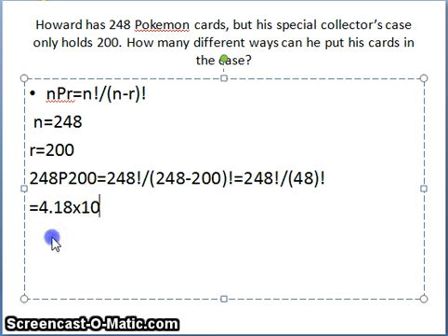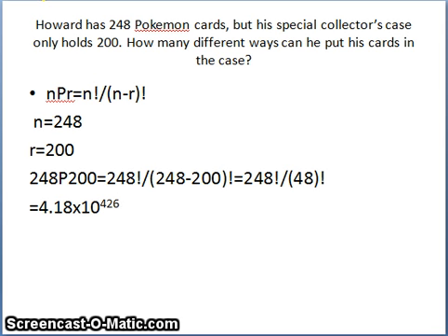It means exponent of positive 426. So here I'm going to go 426. Yikes, right? But this is one of the many reasons why we would like to know about scientific notation, because here it's really helpful because we can't write something that huge. So basically there's a whole lot of different ways that he could do that.